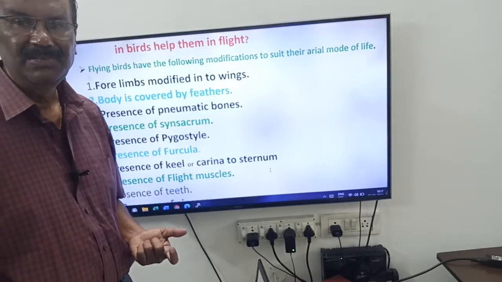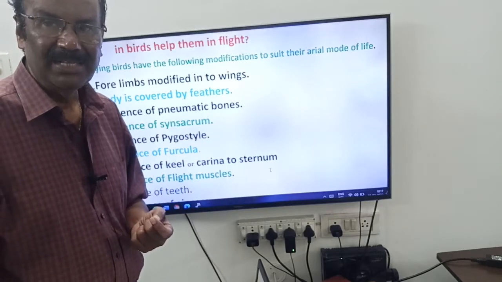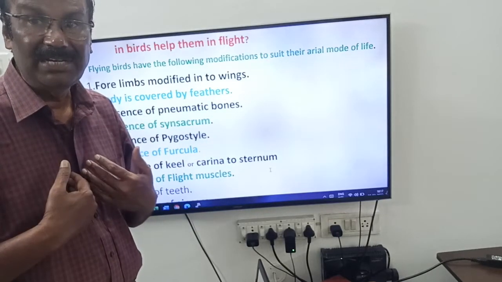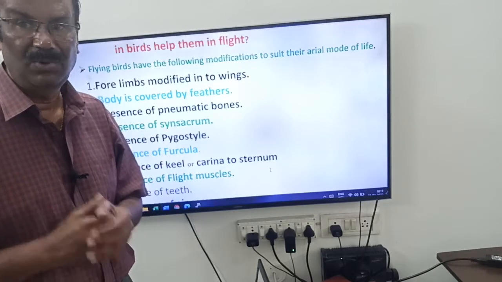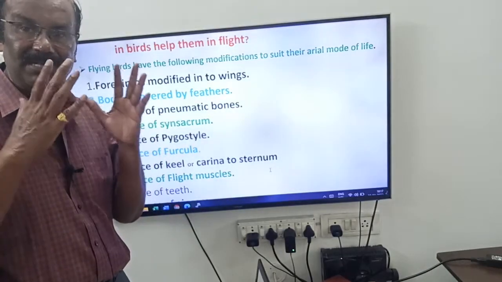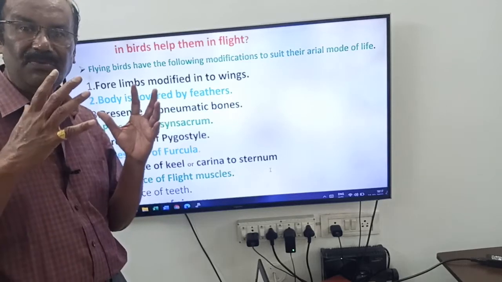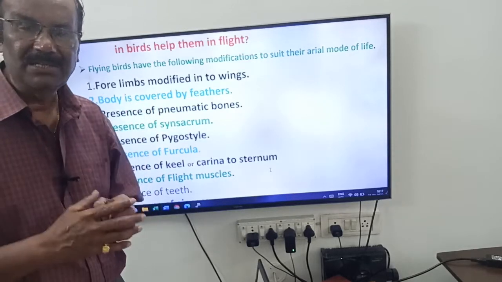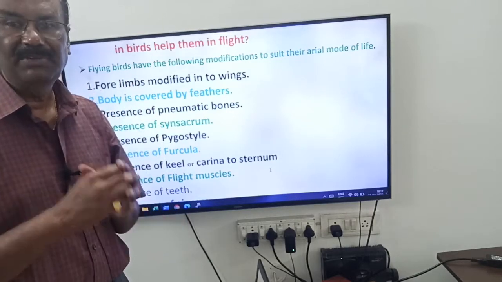Furcula is also called wishbone or merrythought bone. The two clavicles with the interclavicle fused to form a V-shaped bone, that is called furcula. Okay, friends. Presence of furcula, synsacrum, pygostyle, feathers, forelimbs modified to wings, and pneumatic bones. These are the modifications of the flying birds, friends.